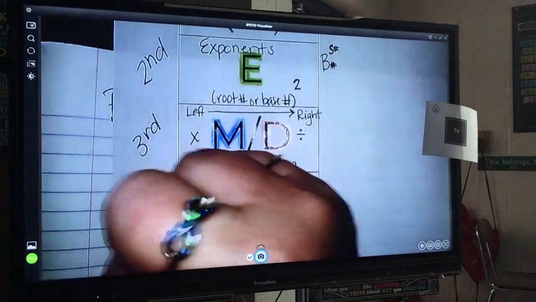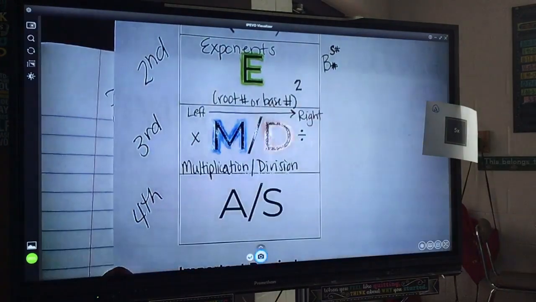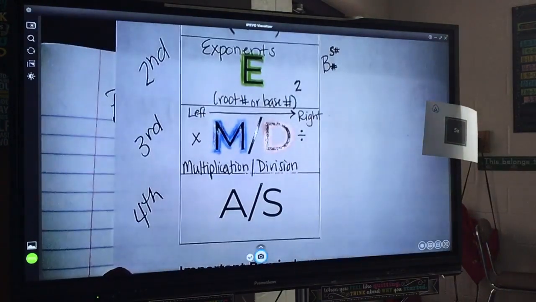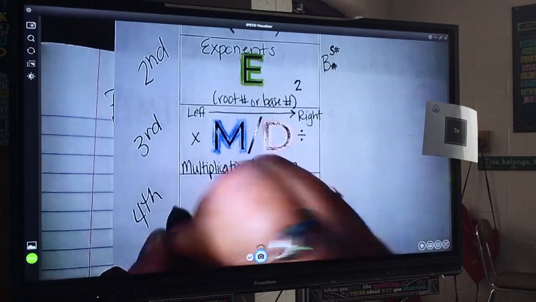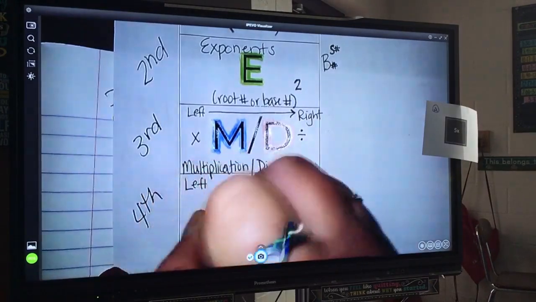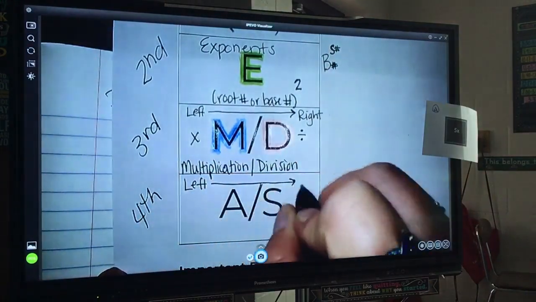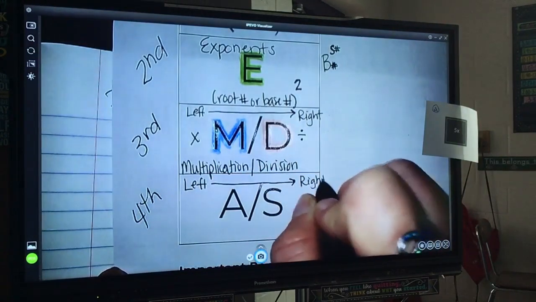And then the fourth thing that you do is addition or subtraction. And again, how do we know which one goes first? Hunter? Left to right. So whichever appears first in the problem.